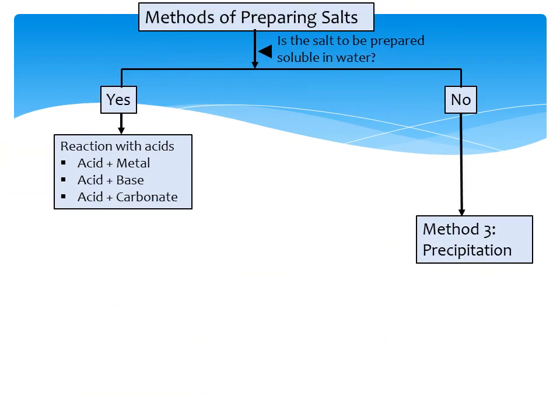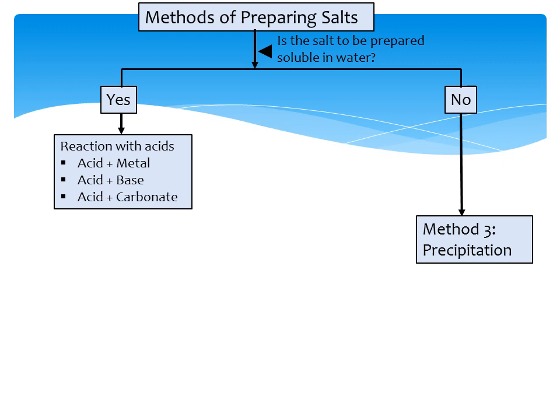Now let's see which particular methods we have to apply. The first question which comes to our mind is: is the salt to be prepared soluble in water? Obviously, at that point, we come across either the answer yes or no. Each answer further has its own specification.